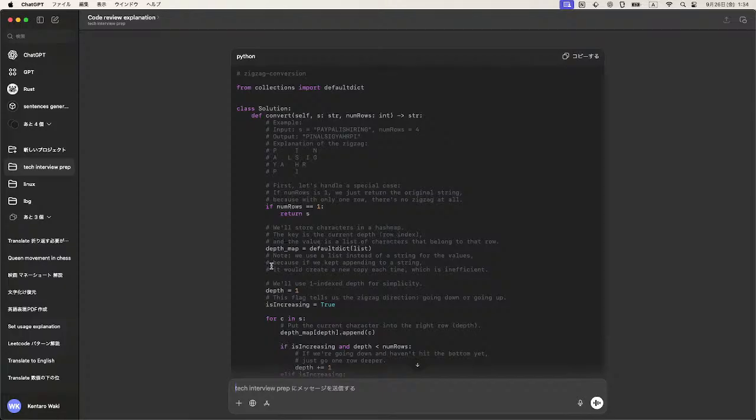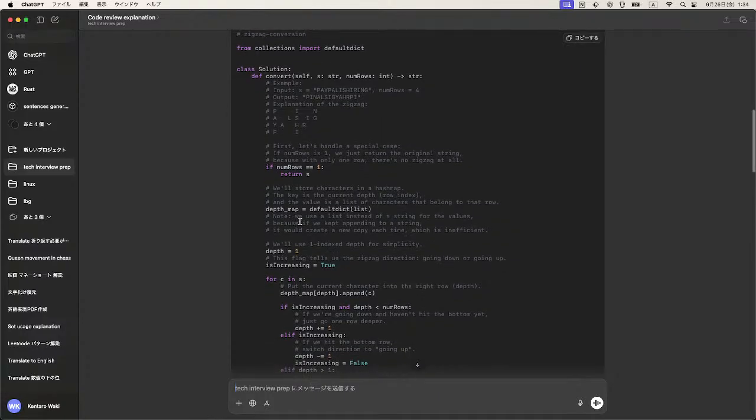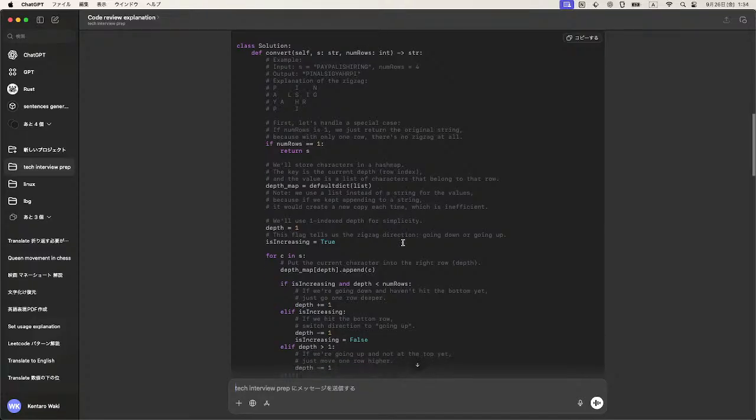And the value is a list of characters that belongs to the rows. We use a list instead of a string for the values, because if we kept appending to a string, it would create a new copy each time, which is inefficient.